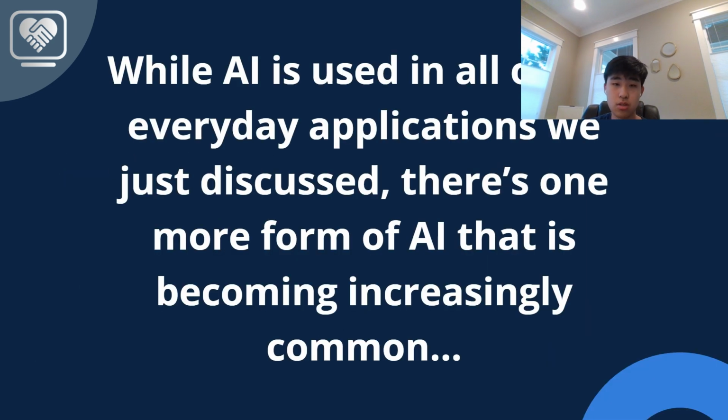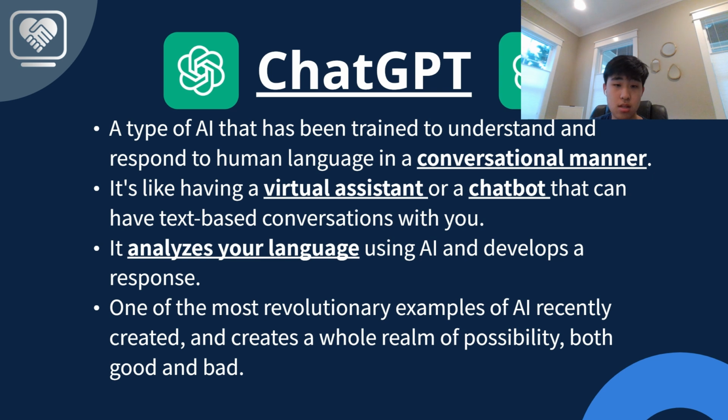So while AI is used in all of the everyday applications we just discussed, there's one more form of AI that is becoming increasingly common, and it's called ChatGPT. It's a type of AI that has been trained to understand and respond to human language in a conversational manner. It's sort of like having a virtual assistant or chatbot that can have text-based conversations with you.